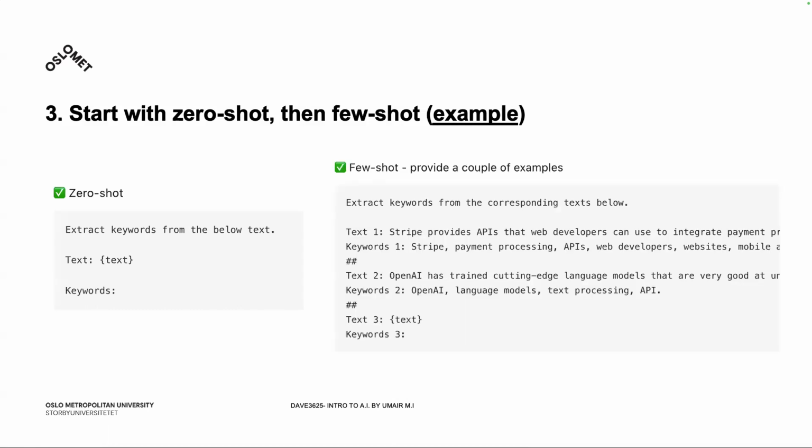And then there are few shot techniques, where you train the model with a few examples of how you think the world should be, and then you ask the model a question.